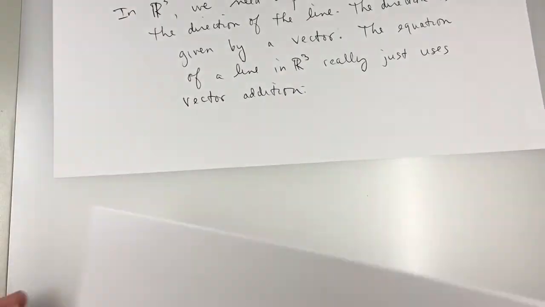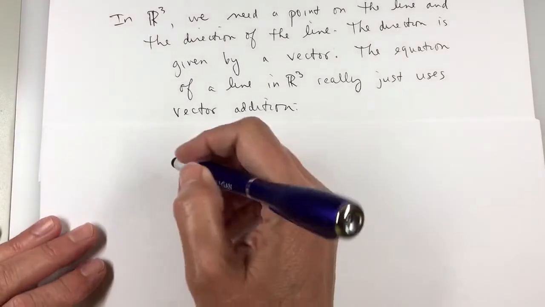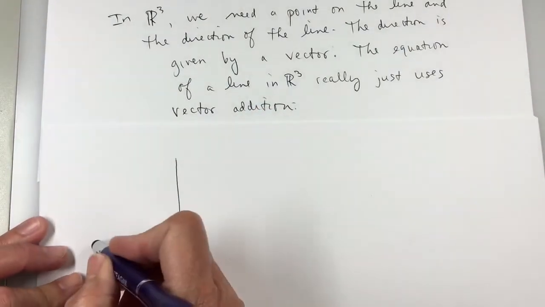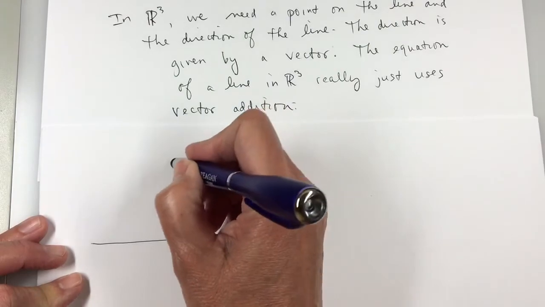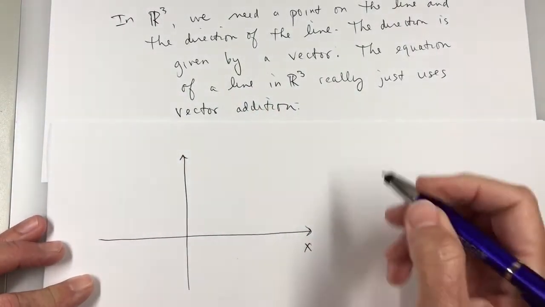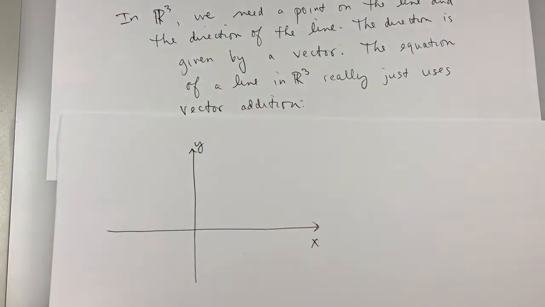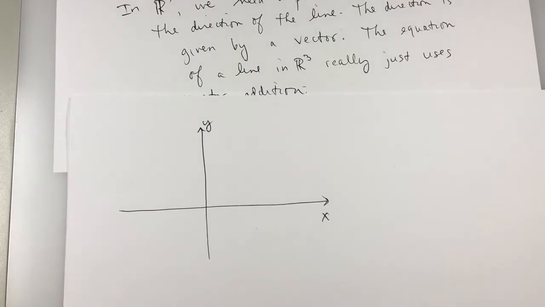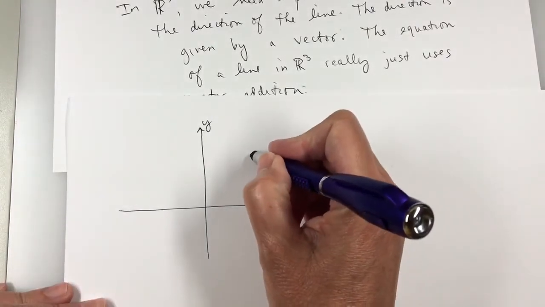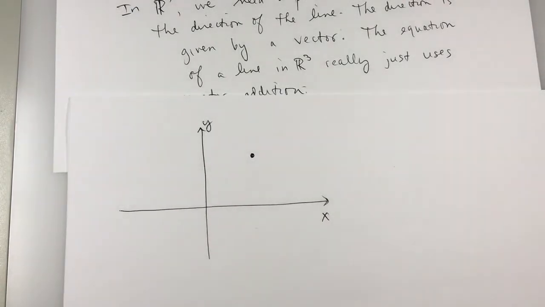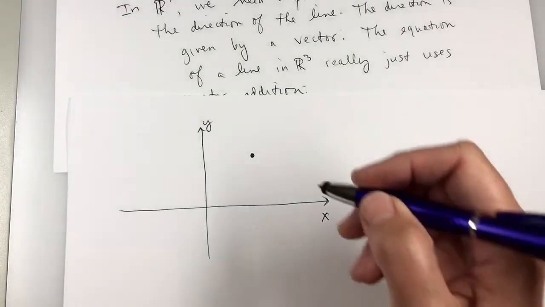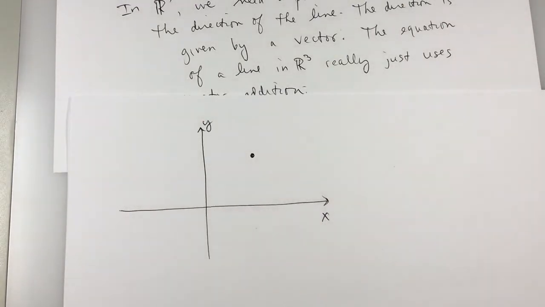So here's a picture. Let's say the z coordinate is 0. Here's my x-axis and the y-axis. And I'll have a point on the line, that's going to be the one that they've given you.